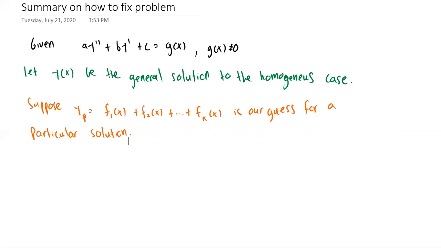Let y of x be the general solution to the homogeneous case. Now, suppose y sub p equals f1 plus f2 plus up to f sub k of x. So we have k terms, and the f sub i's are the k terms.